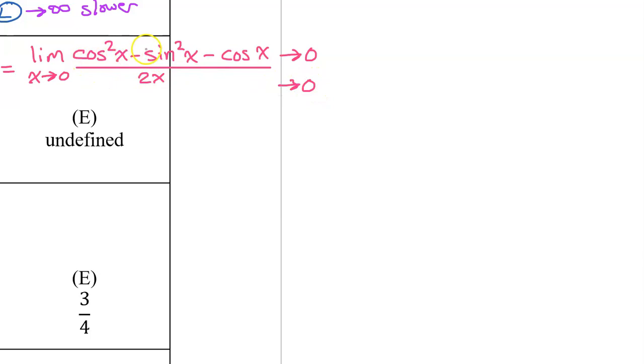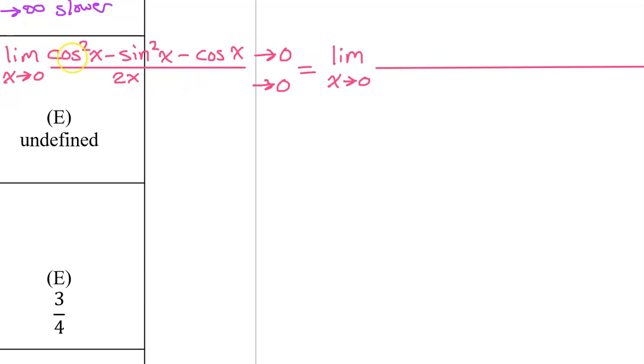So let's again take the derivative of the numerator and denominator and see what happens. First, I take the derivative of cosine squared. I'm using the chain rule. So the derivative of the outer function is 2 cosine x. But now I have to multiply by the derivative of the inner function. The derivative of cosine is negative sine.